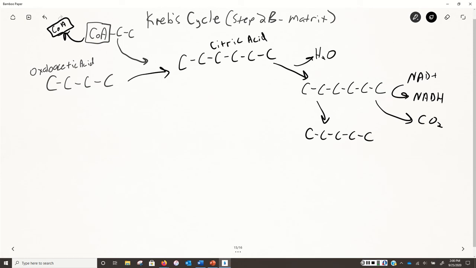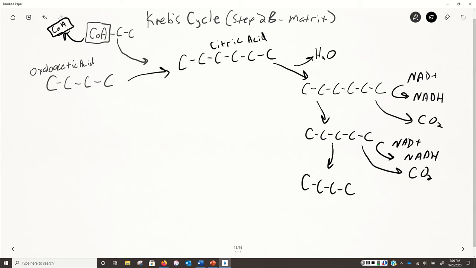This 5-carbon compound is going to have some electrons and protons taken by NAD+. And when that happens, we lose another carbon dioxide as waste, and we're left with a 4-carbon compound.